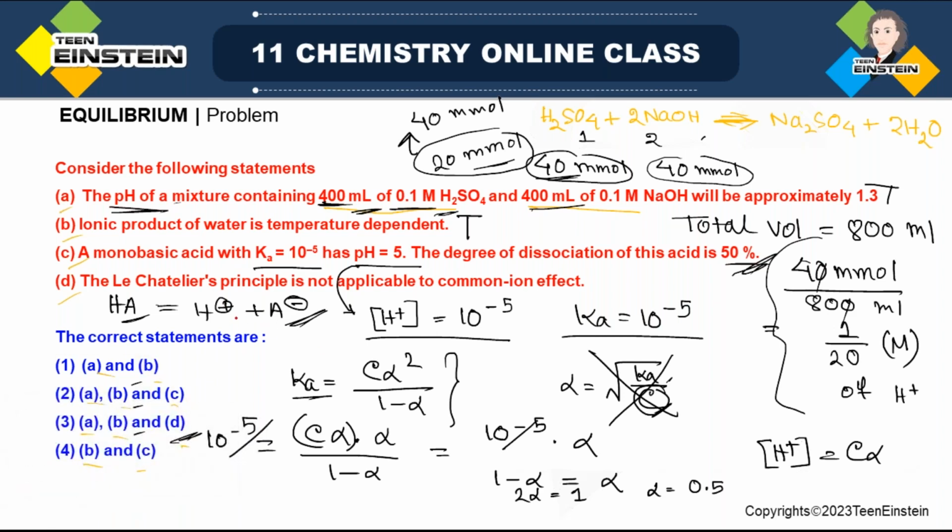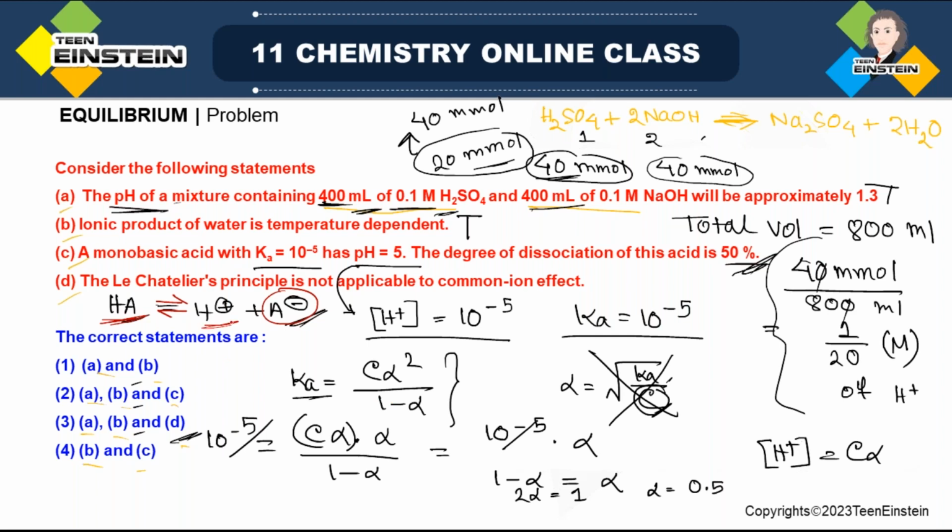When you are moving from left to right, if this species is already present in the medium, that means its concentration is already high, then the system will try to counter this effect, and as a result the dissociation will decrease because A minus is already present from some other source. So the tendency of HA to move towards the right-hand side will decrease.